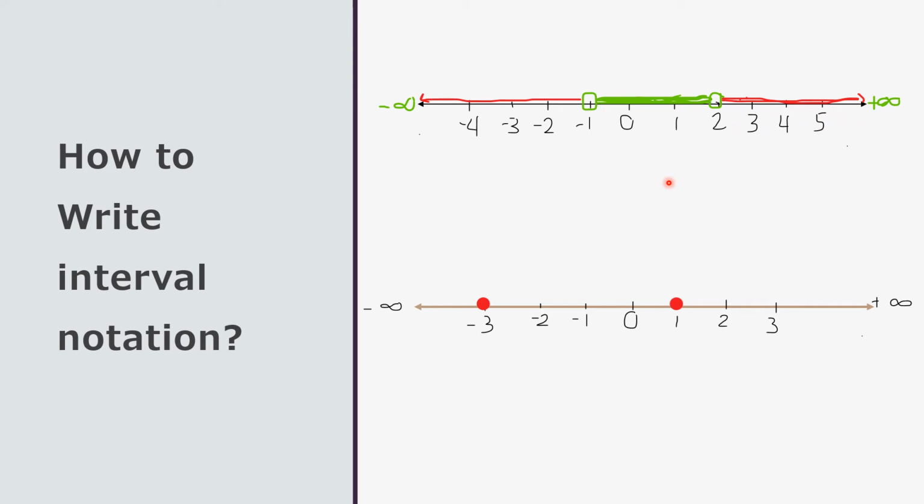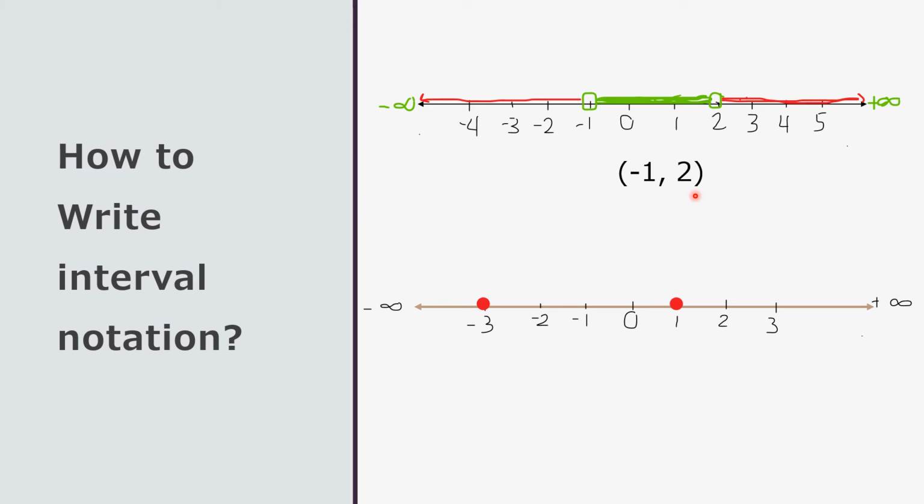Okay, so these are the three parts now, three regions. Here, from here going there, and from here going there. Take note, negative 1 is not included, positive 2 is not included. So if you're talking about this region here, open parenthesis, negative 1, comma, 2, close parenthesis.